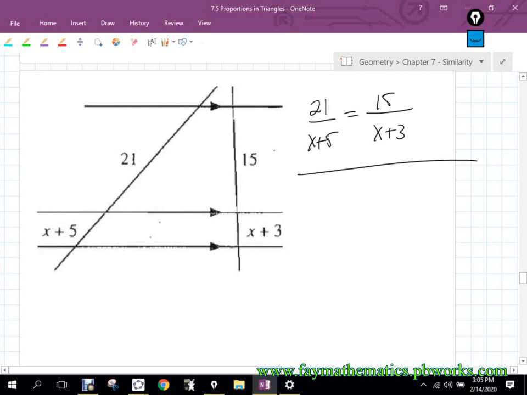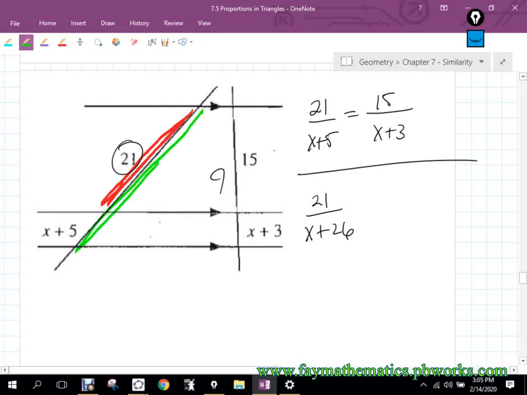Could I also do this, though? Could I say 21 compares to x plus 26? Where do I get that? I took that distance there as my numerator, and then that green distance as my denominator.